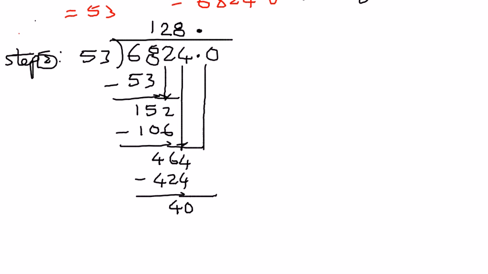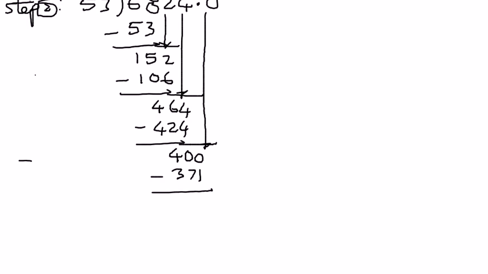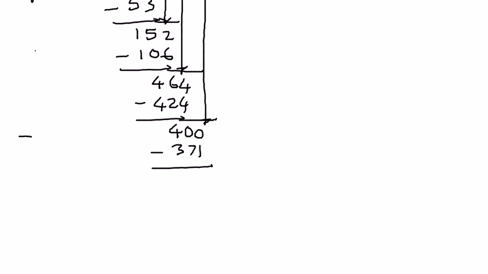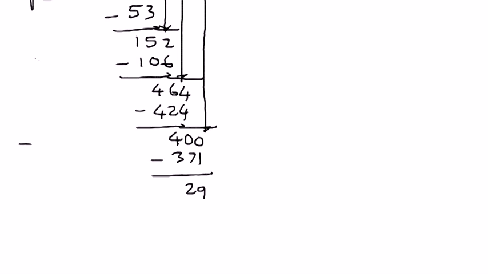We bring down the 0 from here. Therefore now we have 400. 53 times what number is equal to or less than 400? That is going to be 7. 53 times 7 is equal to 371. When we subtract that, we are left with 29.